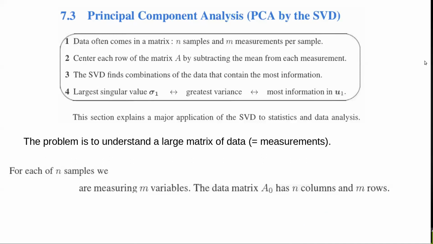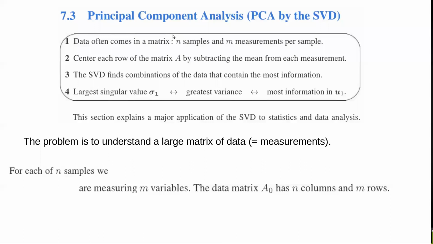Okay, so here I'm just going to discuss what we call principal component analysis, PCA, by SVD. Principal component analysis is a statistical and data analysis method that we employ very often, especially in GPS data analysis and also in finance.